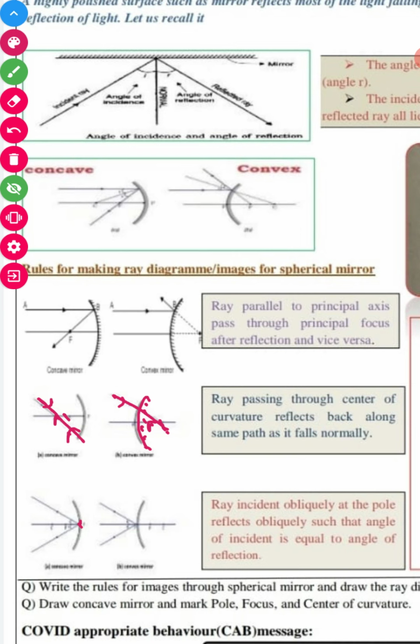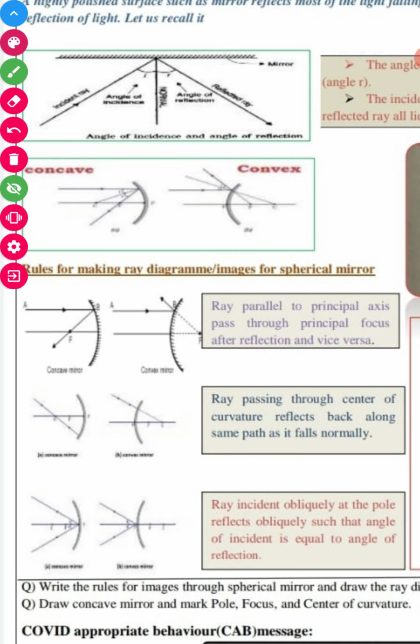If this is the pole and the ray is coming obliquely, it reflects obliquely. In this way, angle I is equal to angle R. This is the case of the convex mirror. This I is equal to R.